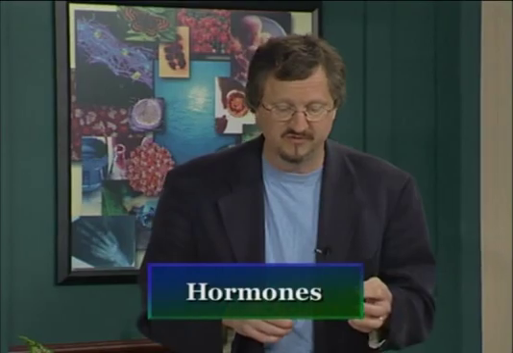Now, the endocrine system is a bit more of a slower information transmission system. The endocrine system involves cells that are specialized to produce chemicals we call hormones. Hormones are the compounds that do long-distance internal communication between different tissues of an organism.